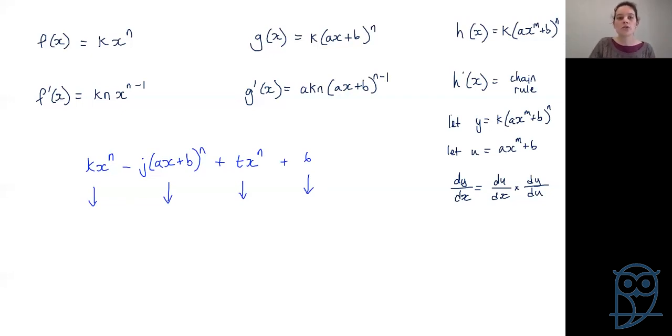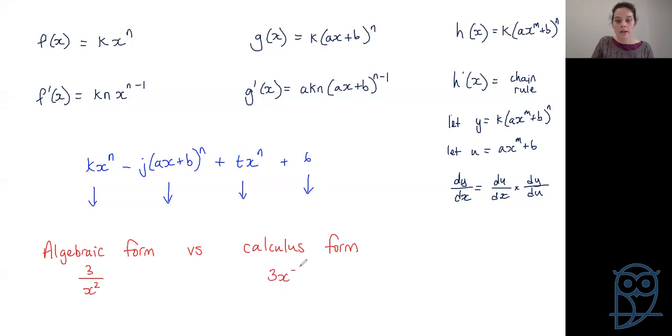The important thing to remember and to bear in mind is your algebraic form versus your calculus form. So an algebraic form would be something like 3 over x squared, whereas calculus format for this would be 3x to the minus 2. Because we always want to have it in that same format that we've got at the top here for f, g, and h in order to make our differentiation easier.